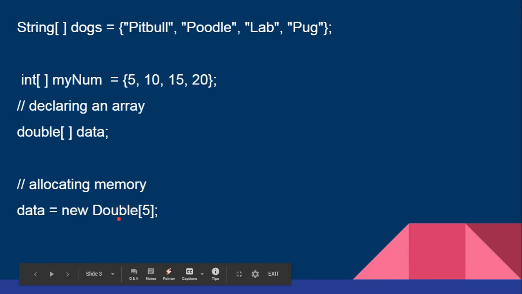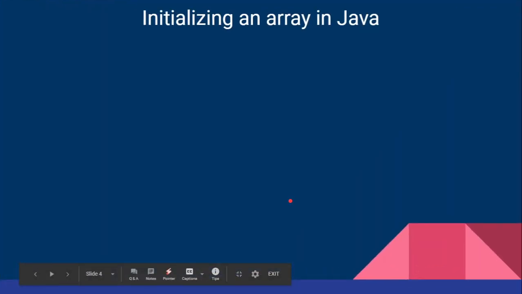The double element will occupy some bytes of memory, and it will be for 5 elements. So if you give 5, it will allocate the space necessary for the 5 floating point values using this new operator.